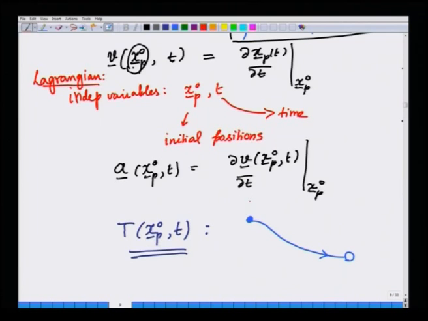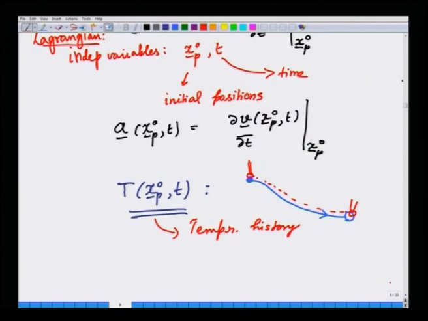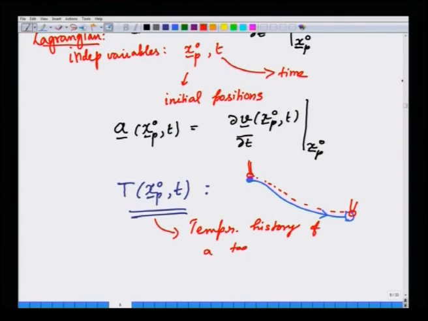Imagine attaching a thermometer to a particle, and then you follow the same particle and measure the temperature history of a given fluid particle as a function of time. So, the Lagrangian description gives you historical information such as the temperature or velocity of a fluid particle as you follow it. This gives you the temperature history of a tagged fluid particle.